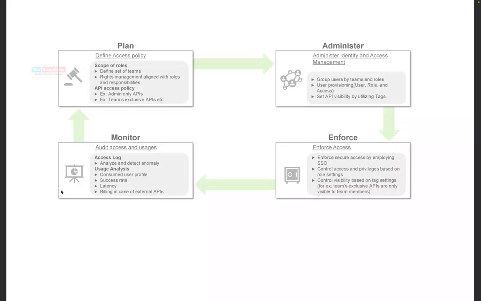Likewise, the second part is implementing which team is responsible for which policies. Once they define the list of teams and the policies they need to follow, the next step is enforcing.